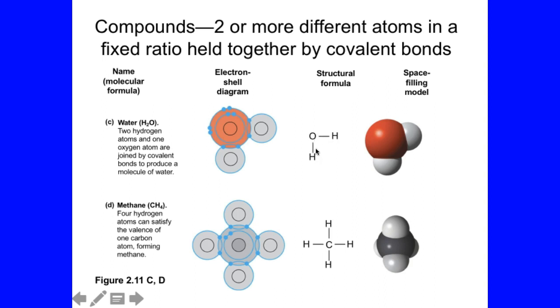Now I just wanted to have you guys remember, a water molecule in itself has a covalent bond right here, and it is polar covalent. Remember, bonds between water molecules are hydrogen bonds, but within one molecule of water by itself, the bonds are covalent.